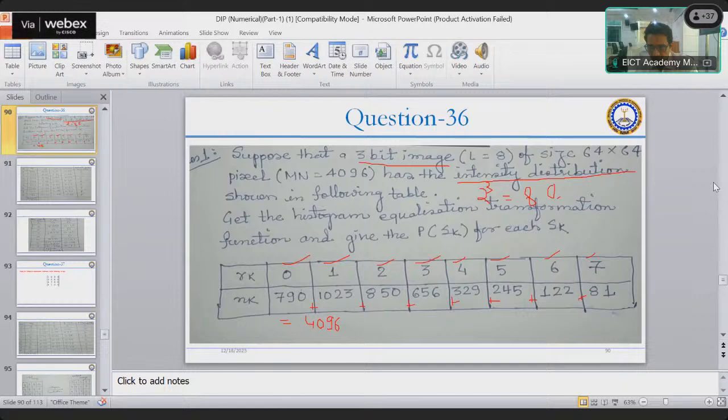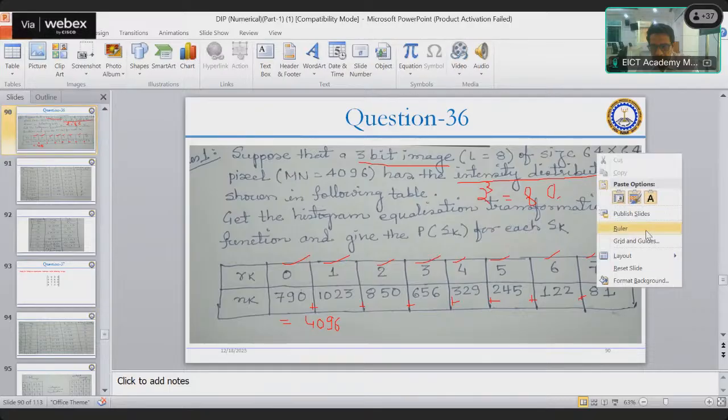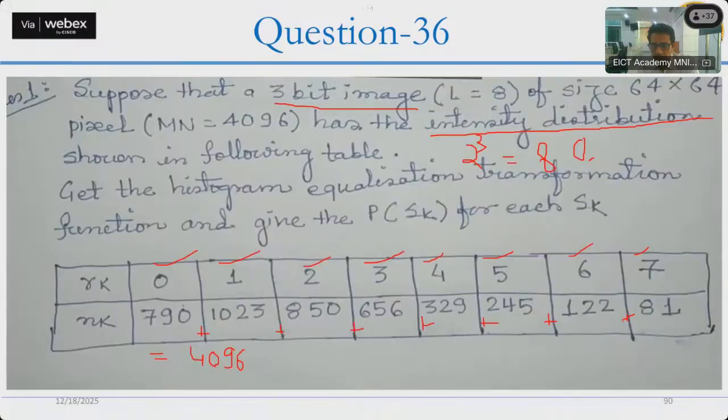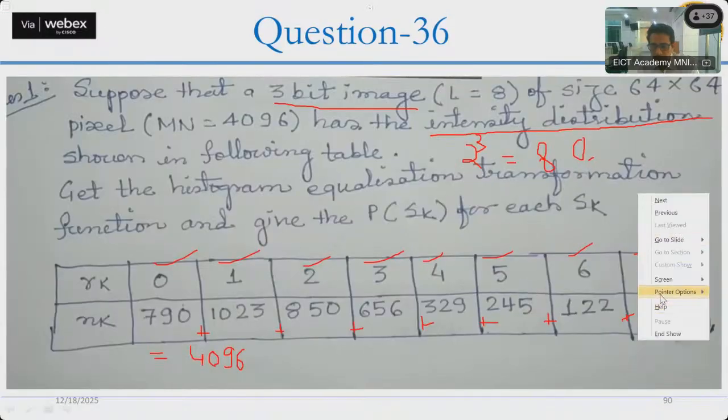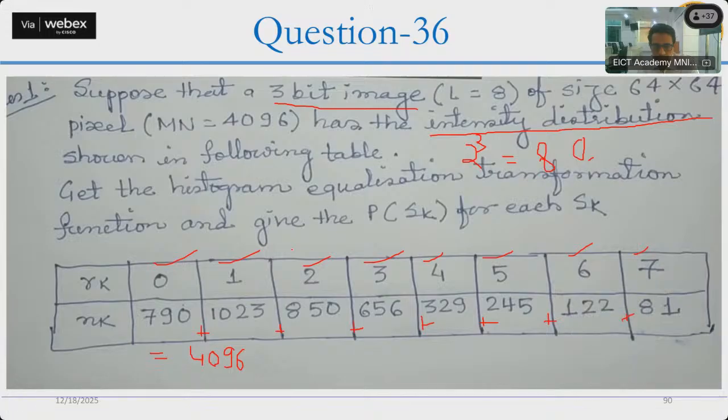Now see what I want to emphasize, recalling the same thing. See what the maximum level is here. First, we go through it. The formula is 7 upon r max minus r min. What is r max?